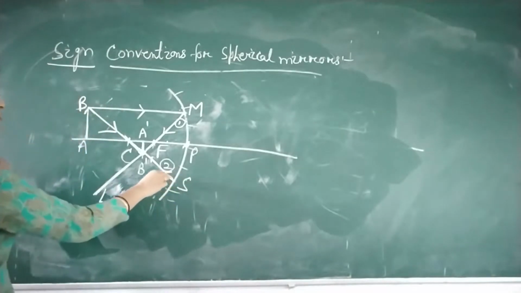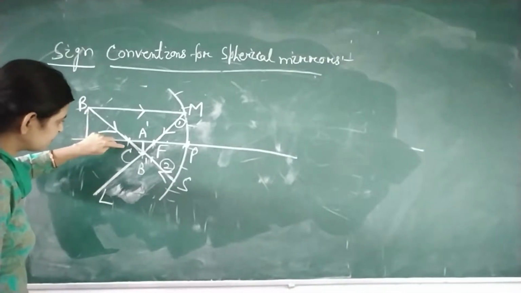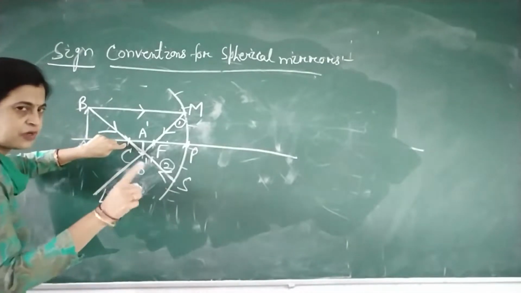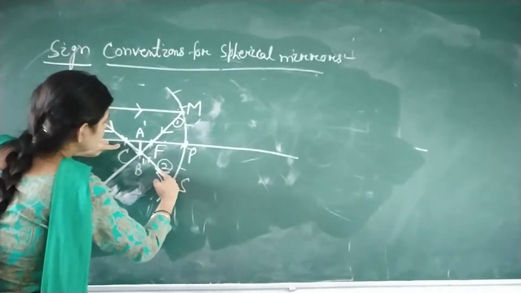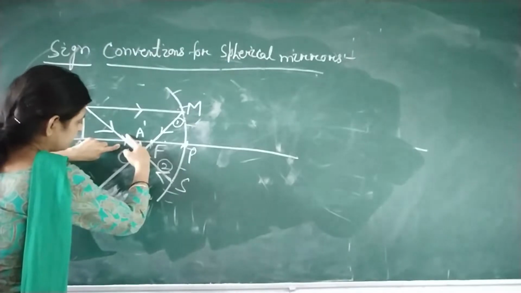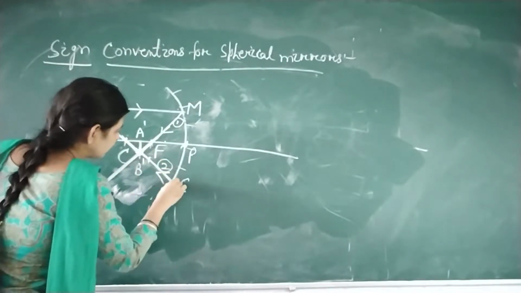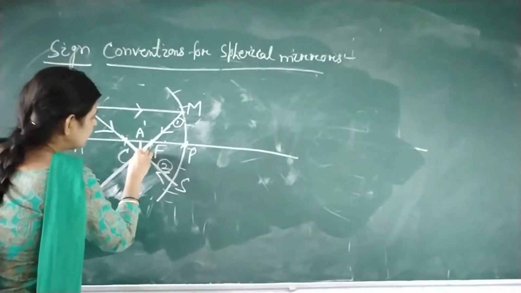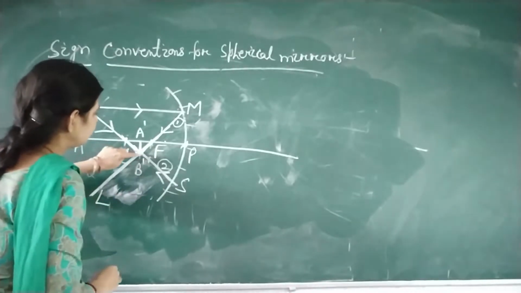Suppose this point is S. BS is the incident ray which is passing through the center of curvature. So according to the third rule, the reflected ray will also pass through the center of curvature. That means these two reflected rays are intersecting at this point where the image is formed.